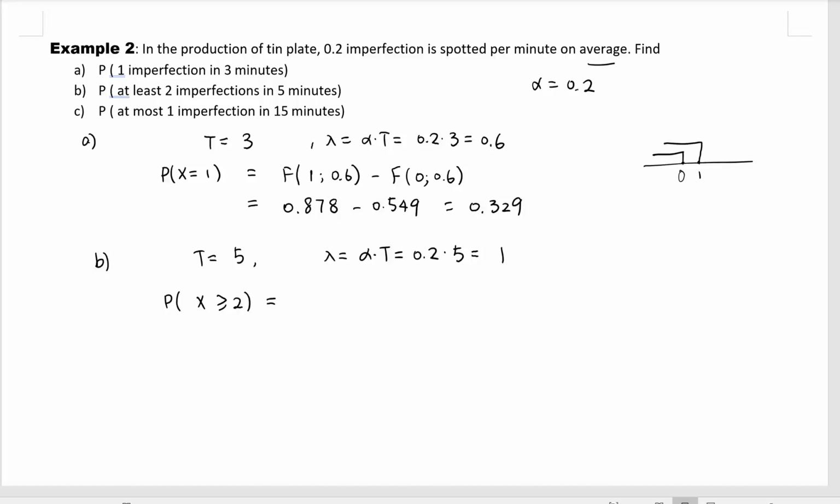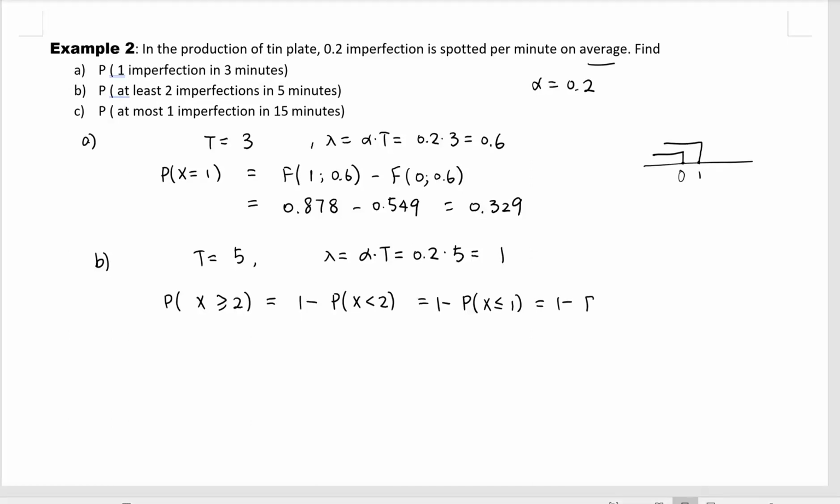The CDF is for less than or equal. So when we see greater than or equal, we have to think about the complement. The complement is less than. We don't want less than, we want less than or equal. So less than 2 is the same as less than or equal to 1.